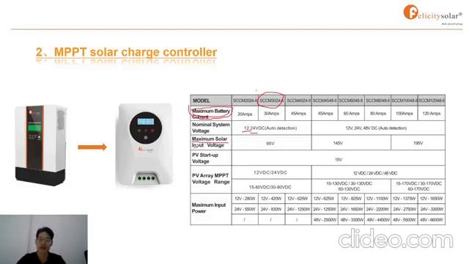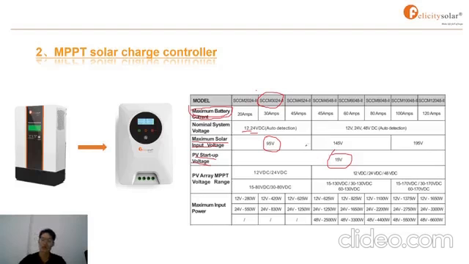And the maximum solar input voltage is 95 voltage. This indicates that if your solar panels voltage is more than 95, this system will not work. And also the PV start voltage is 15.